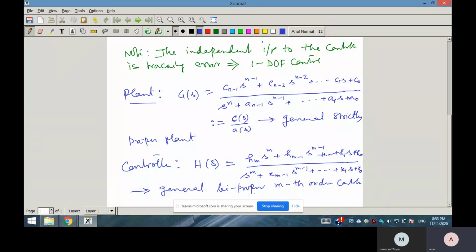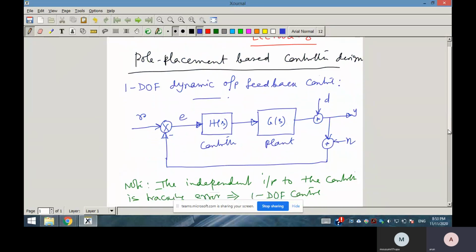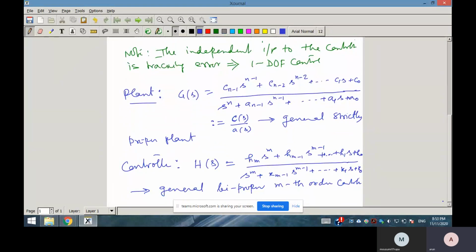It is deliberately made biproper so as to have the maximum number of control gains given an order of the controller. That's why this controller is made biproper.